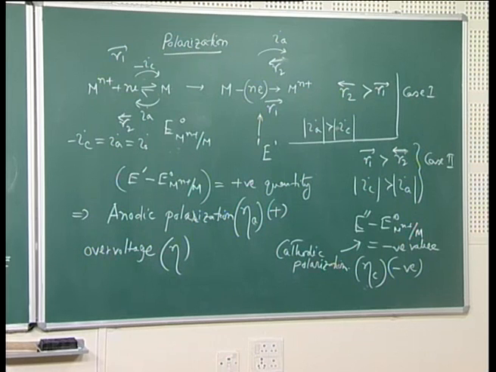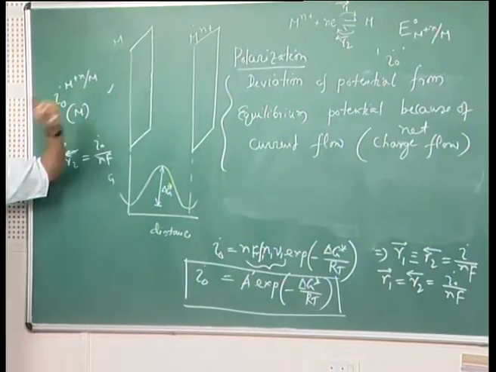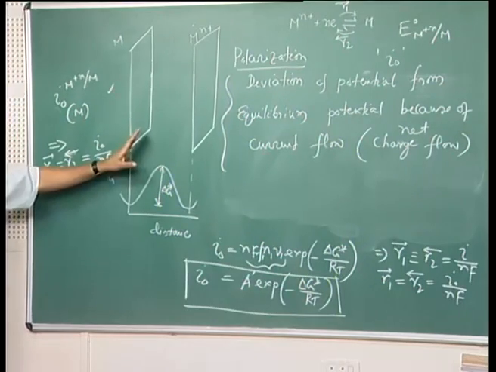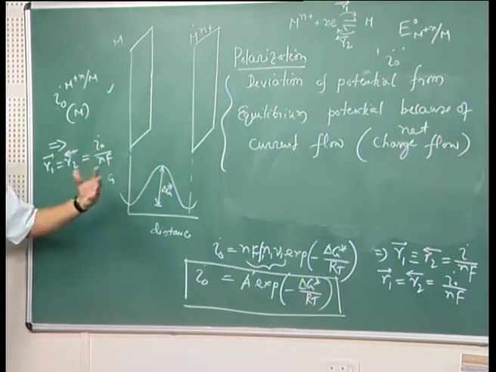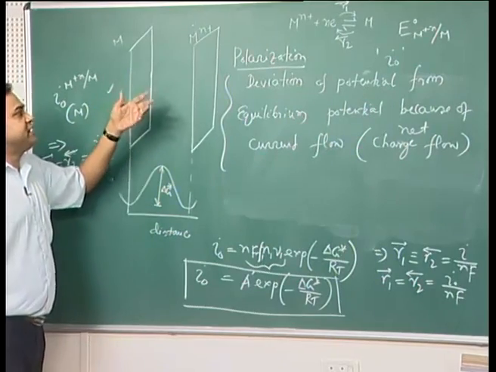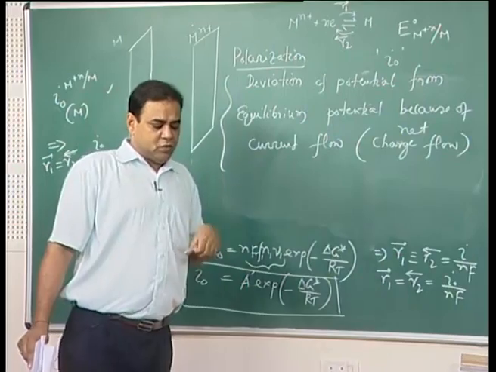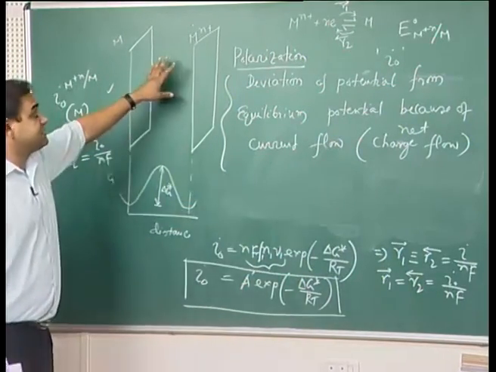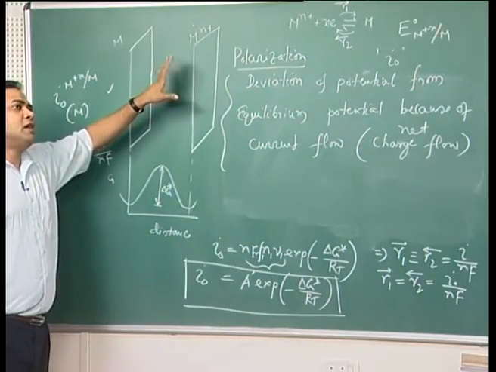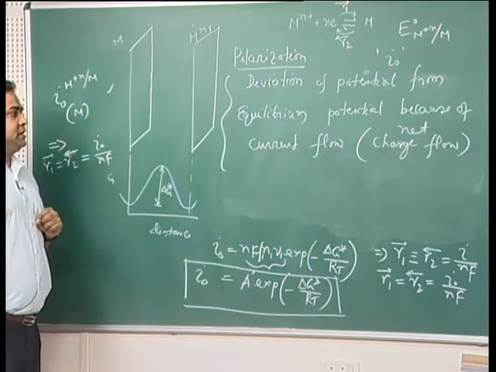Now, getting back to this picture, we know that metal ion is forming on the metal surface. Let us say you have dipped a metal in a solution where you have metal ion already existing, or a salt of the metal is existing. So, you can have an equilibrium.